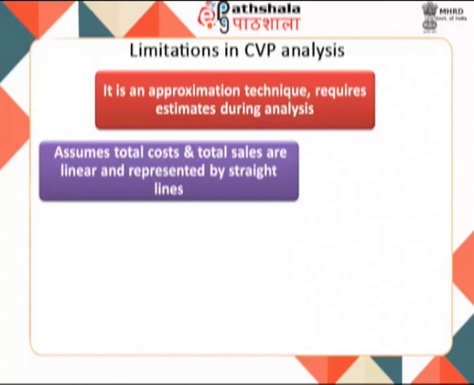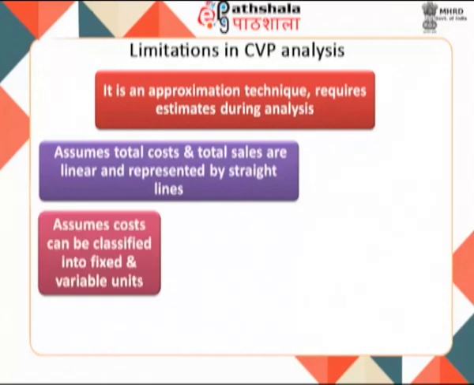If a firm produces and sells more units, the variable cost per unit may decrease due to high operating efficiency. Number 3, CVP analysis assumes that costs can be perfectly classified into fixed and variable units, but sometimes it is not possible in actual practice.